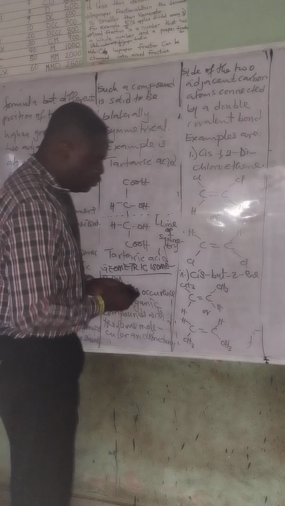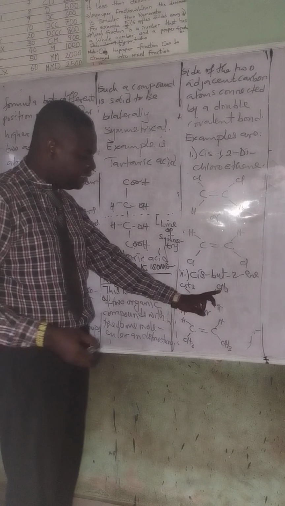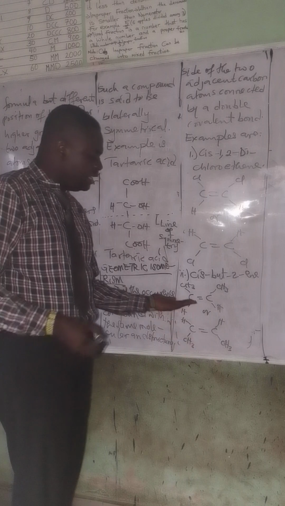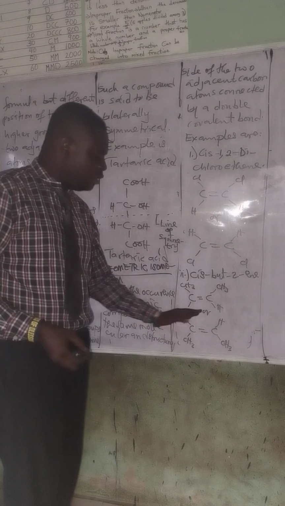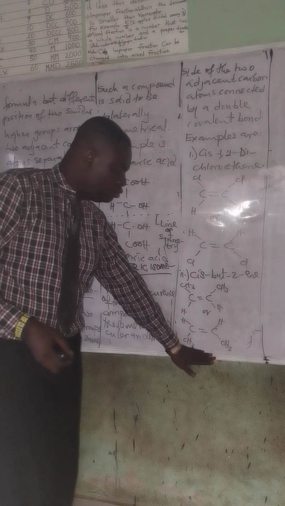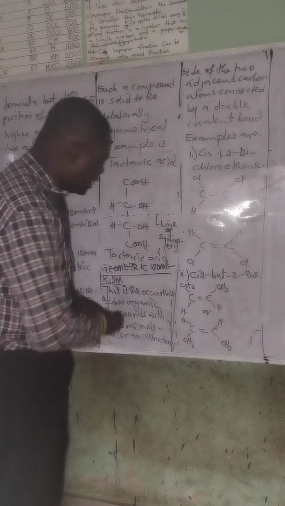So you will see that the two CH3 groups are on the same side of these two adjacent carbon atoms up, and they can also be on the same side at the lower side.